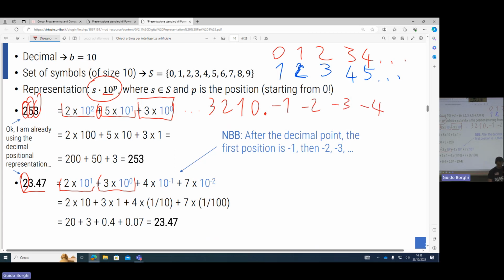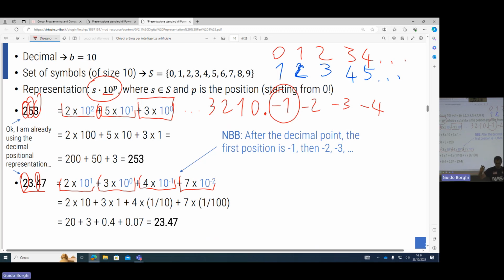In the first position after the decimal point, we have the symbol 4 times 10 to the position, which is -1. Second digit, 7, in the second position after the decimal point, so we write 7 times 10 to -2.